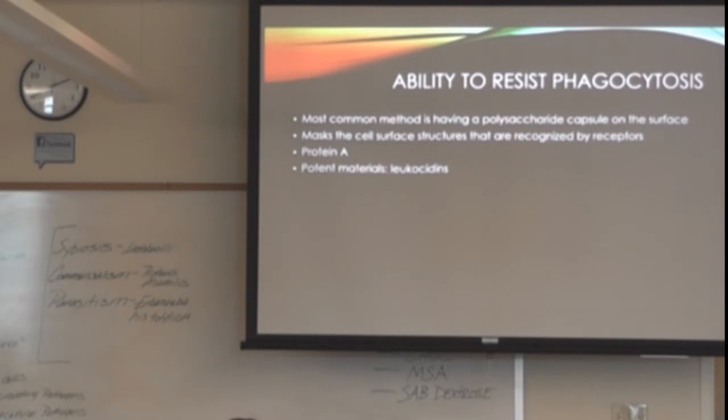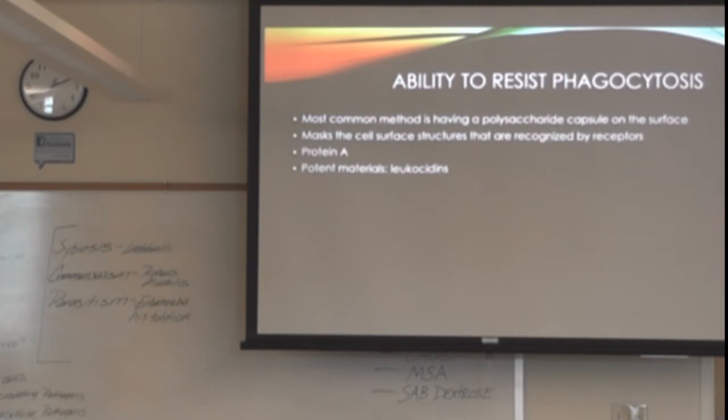If you have a lack of phagocytic cells, that's going to leave the host susceptible to infection because obviously it's not doing its job. But basically, the most common method is having a polysaccharide capsule. There's a capsule on the surface, and that's going to be able to resist phagocytosis. Think of the Pac-Man effect, that it can't get its mouth around the bacterium because of that capsule.